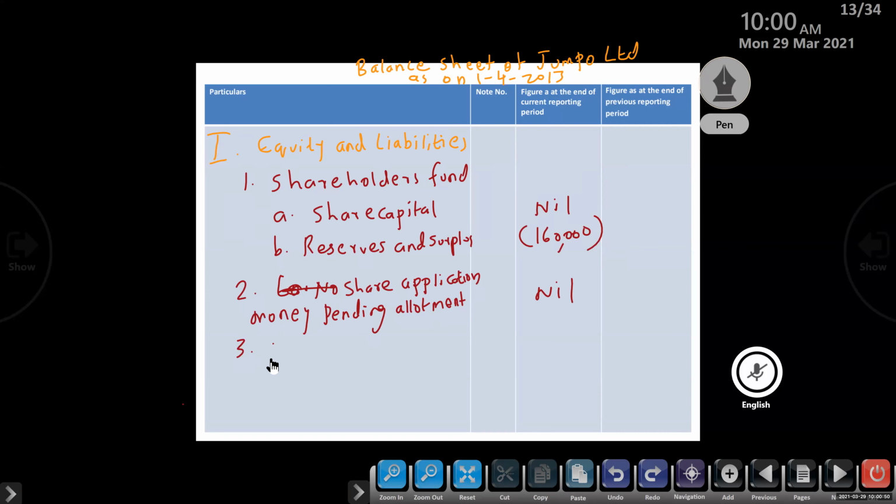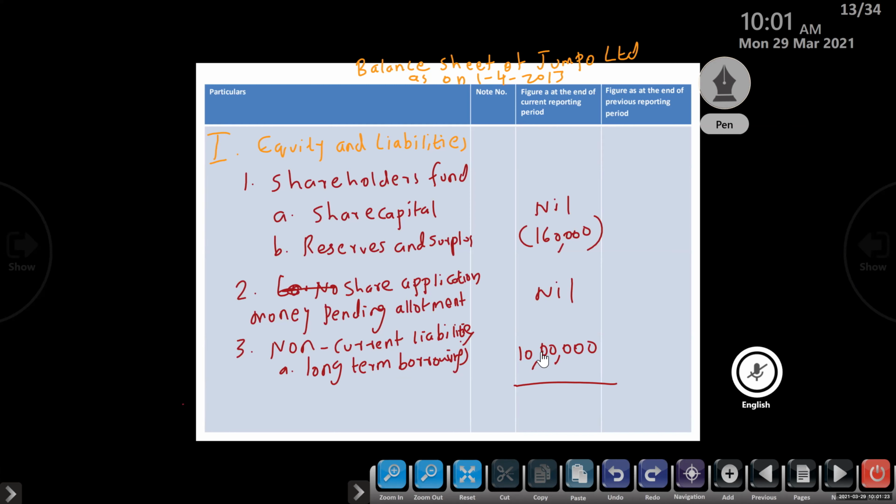Third one, non-current liabilities: long-term borrowings, 10 lakh. Suppose they tell that the balance amount, then you can write it under cash and cash equivalents.